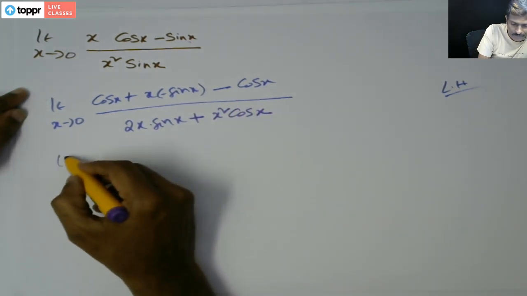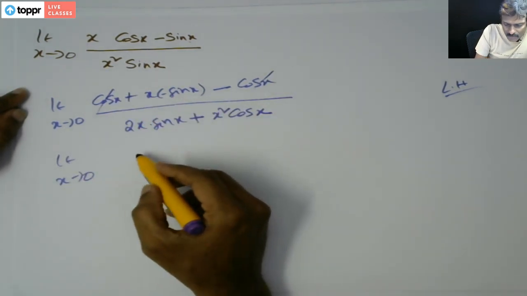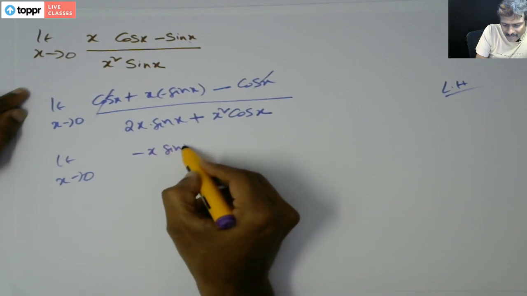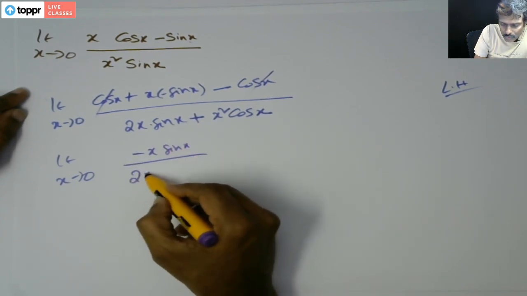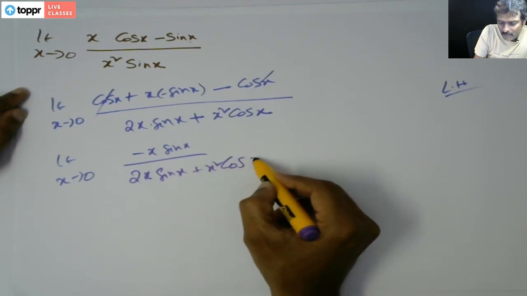So this will be limit x tends to 0; we can cancel cos x with cos x, leaving minus x sin x by 2x sin x plus x square cos x.